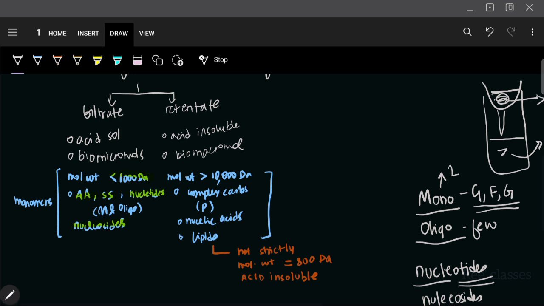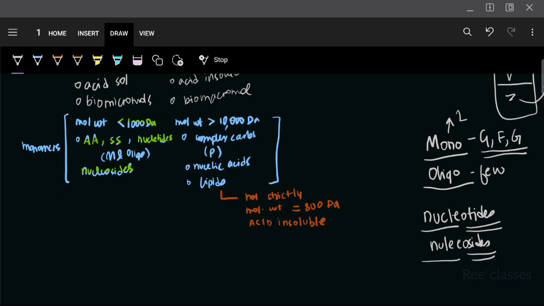Let's quickly talk about this. This retentate, it's acid insoluble, so macromolecule, biomacromolecule. The molecular weight is more than 10,000 Daltons, and here we'll have complex carbs, nucleic acids, and lipids.